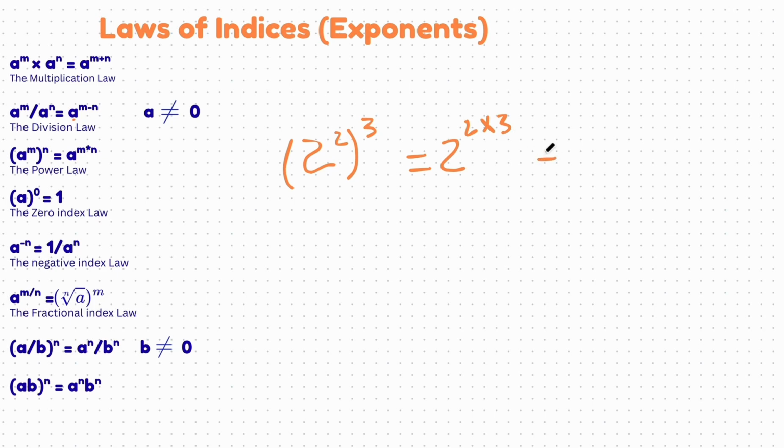This would equal 2 raised to the power of 2 times 3, which is 6. And this would give us 64. Alright? Do we understand? And remember, 2 to the power of 6 is 2 being multiplied by itself 6 times.